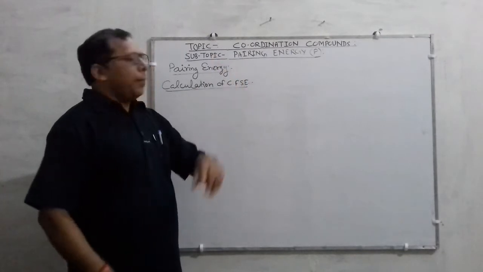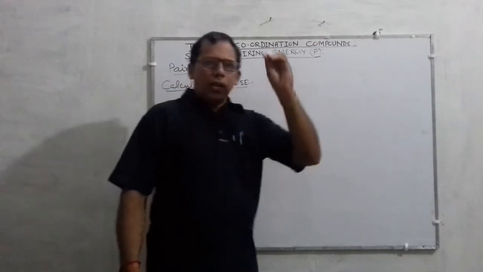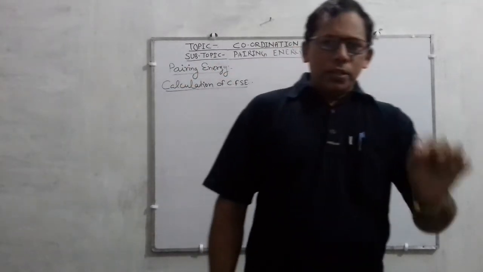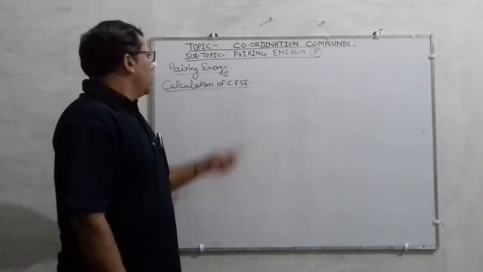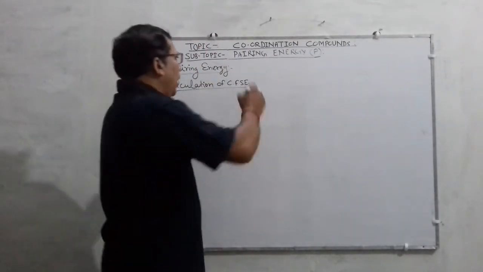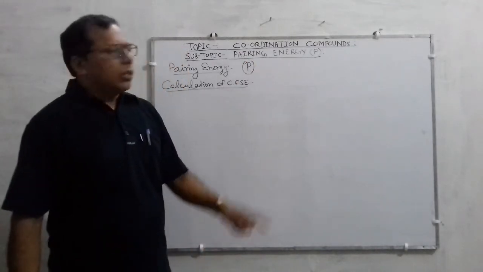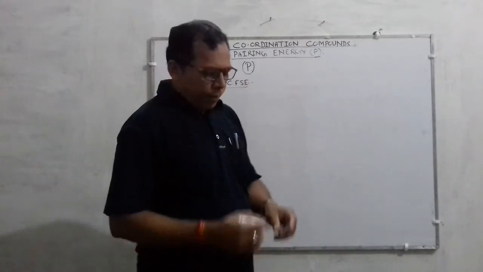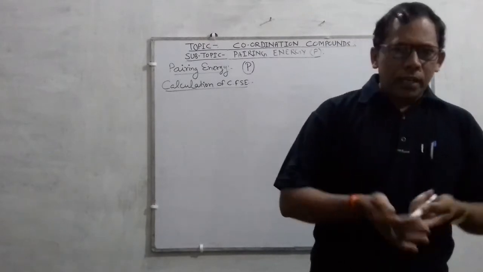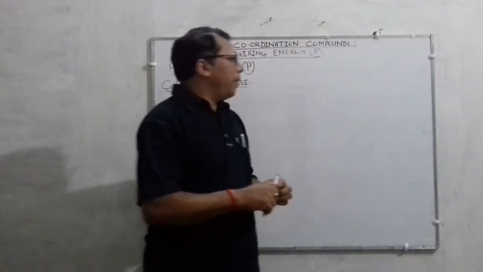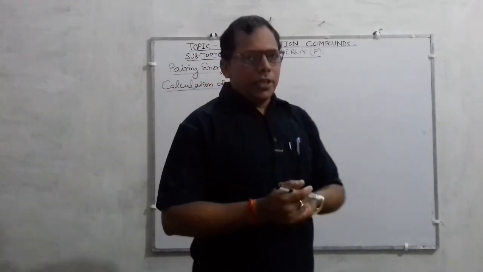It is denoted by letter P, and the value of this pairing energy P depends upon the crystal field splitting energy in octahedral complex as well as the strength of the ligand.